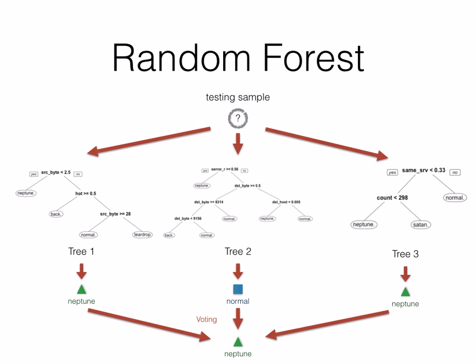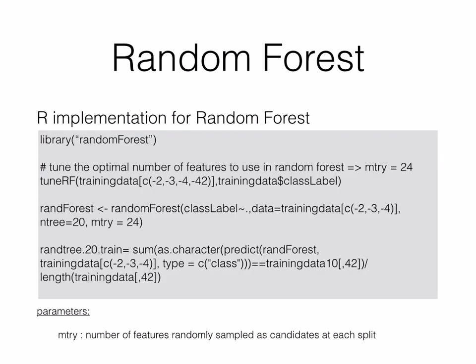For example, if we have 2 Neptune and 1 normal here, we can predict that it may be a Neptune. In the random forest, you only use part of the features in each tree, normally the square root of the number of features, and we also don't use all of the samples, just part of them. This helps us reduce the variance.